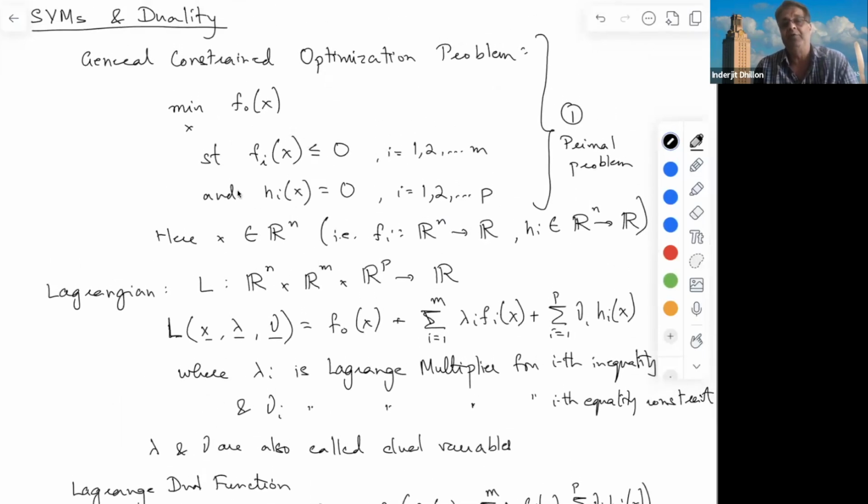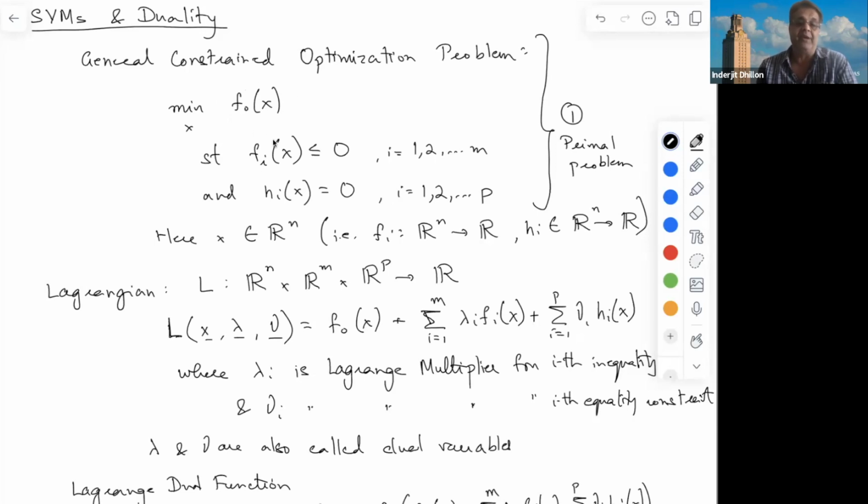A primal feasible solution is one that satisfies the constraints. So x is primal feasible if f_i of x is less than or equal to 0 for i equal to 1 through m, and h_i of x is equal to 0 for i equal to 1 through p, but that x is not necessarily the minimizer of this problem.